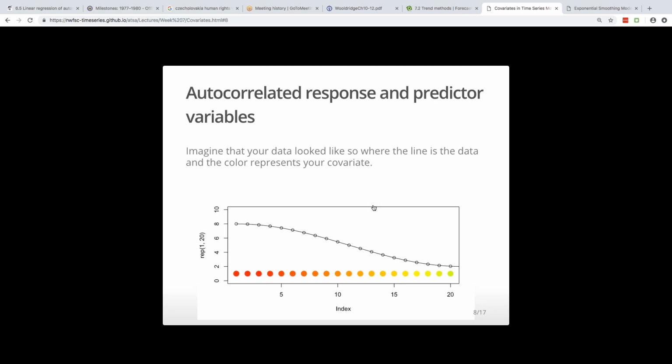And we run into this when we're looking at fisheries data, because oftentimes our response variable is something that is biologically autocorrelated. So if you're measuring something that is population size related, it's autocorrelated. The population size tomorrow is related to population size yesterday. And it's going to be really obvious.